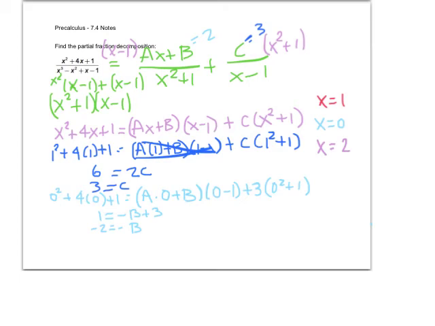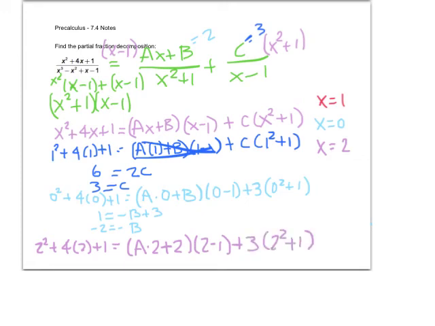So now I'm just going to have 2 squared plus 4 times 2 plus 1 equals a times 2 plus b, which is 2, times 2 minus 1 plus c, which is 3, times 2 squared plus 1. So just work this out.